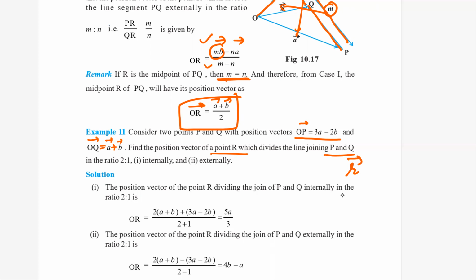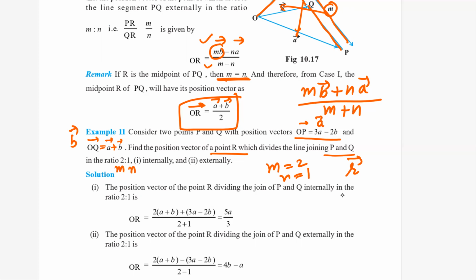So m is 2, n is 1, and we have to put that formula: m b plus n a upon m plus n.